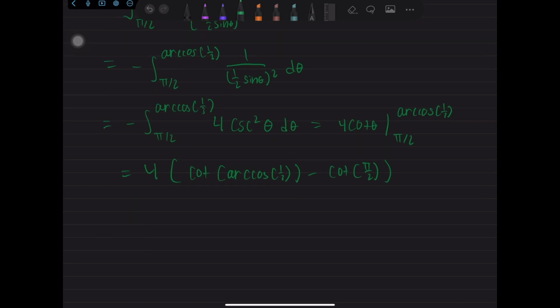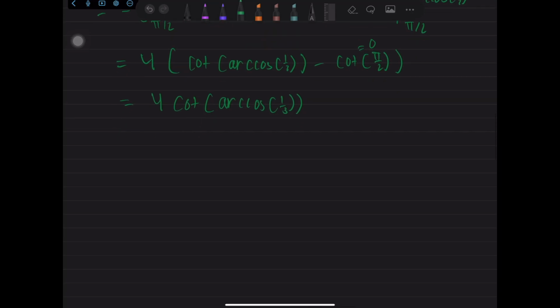So cotangent of pi over 2, well, if you don't know that in terms of cotangent, you can think of it in terms of cosine. So cosine of pi over 2 is 0 over sine of pi over 2. Sine of pi over 2 is 1, so this is just 0. So our final answer is actually going to be this. But we can do better than this, okay? This does have a simple answer, so we're going to find that.